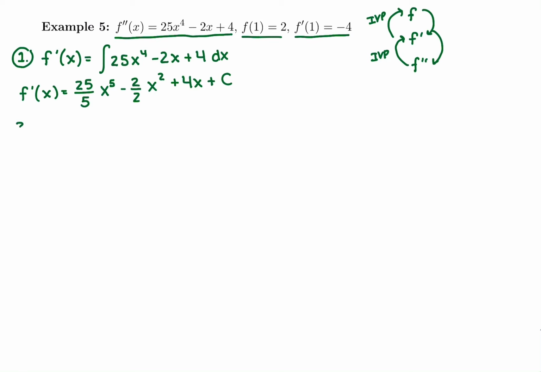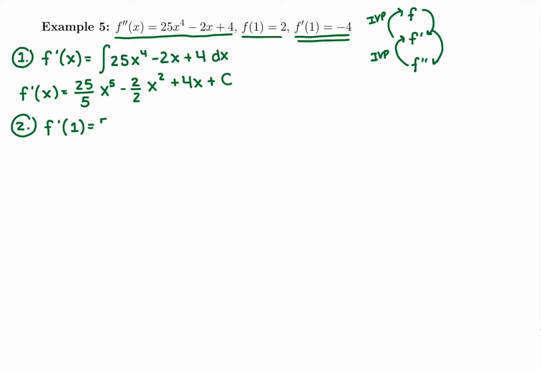So then on our second step, I'm going to write that antiderivative a little bit nicer. Our second step is to plug in what point we're given on f prime, which is f prime of 1 is supposed to be negative 4. So I'm going to plug in f prime of 1.